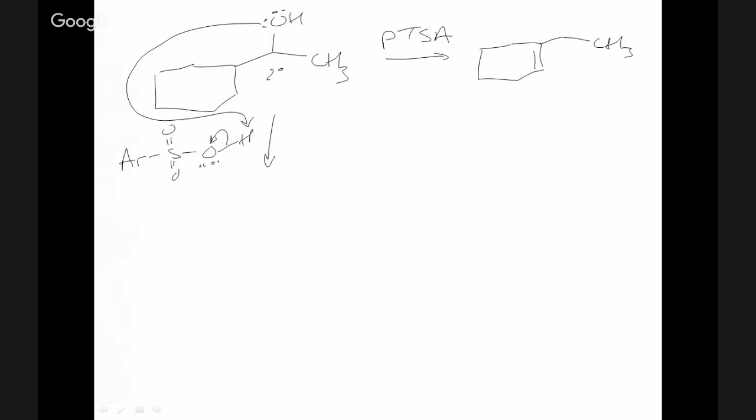Protonation, just like before. Loss of water.